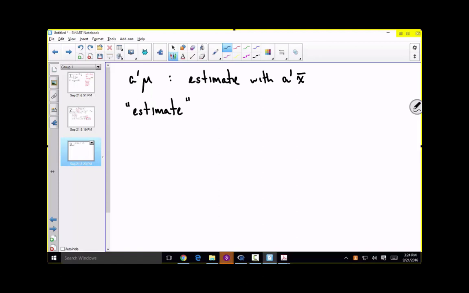We're going to do estimate plus or minus, I'm going to call it a t squared cutoff, times the SD of the estimate. That's a general way of constructing a confidence interval.